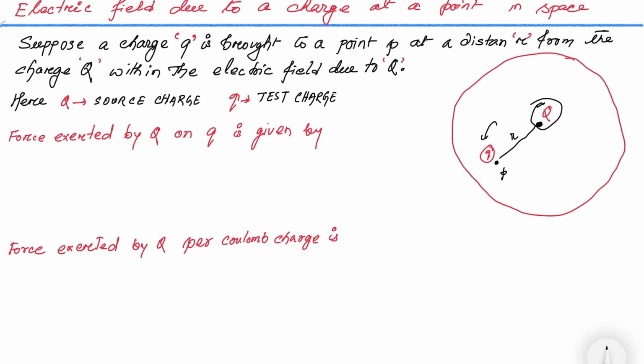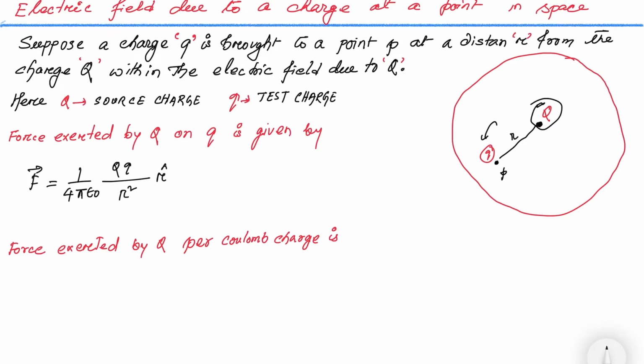According to Coulomb's law the force between these two charges will be F equals 1 by 4 pi epsilon naught, capital Q small q by r square, r cap.